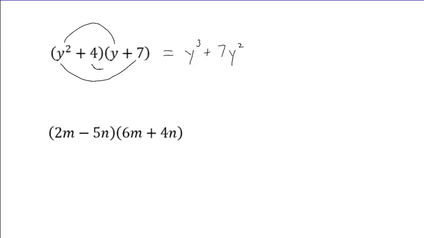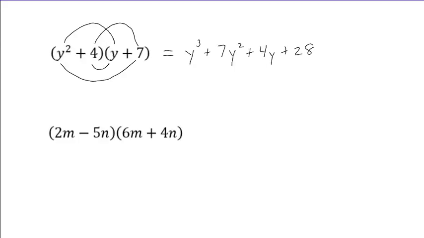My inners are a 4 times the y, so that's plus 4y. And then last but not least, 4 times 7, my lasts are plus 28. Notice on this particular problem that unlike the last one, there are no like terms, so that is finished. I have a polynomial with 4 terms.